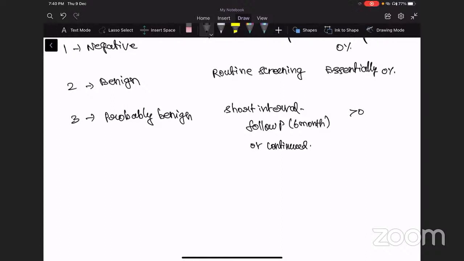Chance of developing cancer is more than 0%, but less than 2%. This is 3.